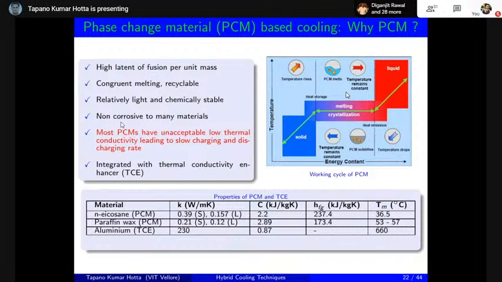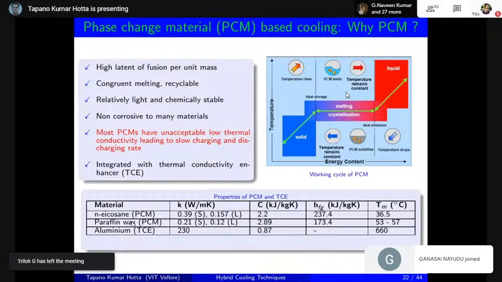But the one demerit the PCMs give you is that they have a very low thermal conductivity, as you can see from the thermal conductivity of the PCMs here. If you go for n-eicosane as a PCM, it has only 0.39 in the solid state and 0.157 in the liquid state. Paraffin wax is nothing but your candle wax. I think this is quite familiar.